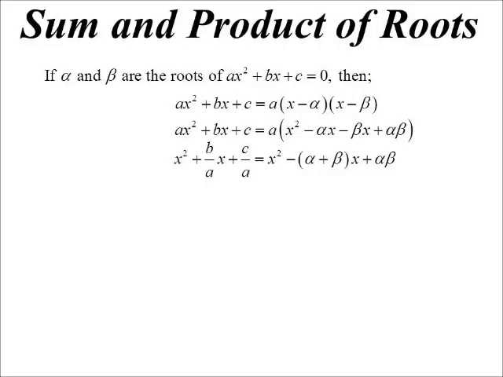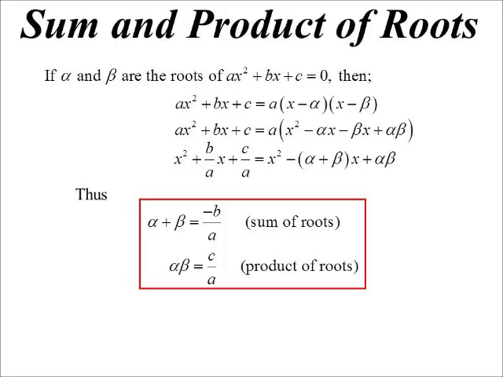So x squared now is 1 on both, so that's fine. But it therefore must be true that alpha plus beta is minus b on a. And that's what we call the sum of the roots. And then alpha beta is c on a, the product of the roots.